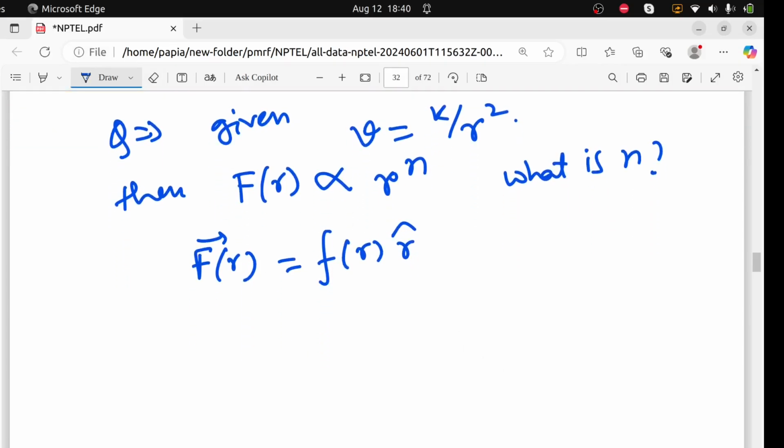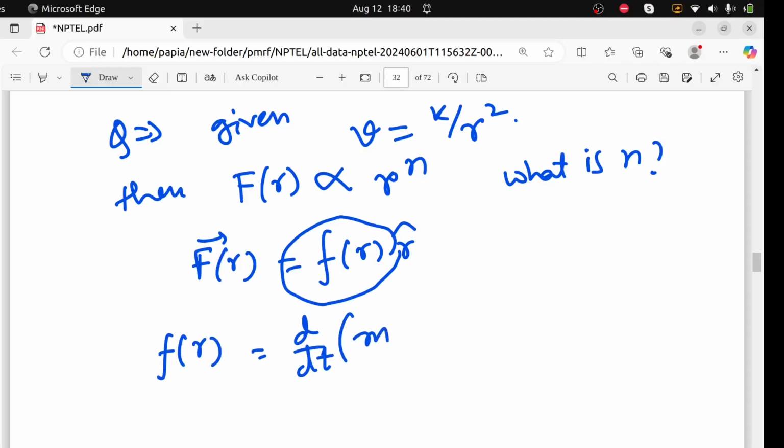We will just focus on the magnitude, not the direction, because they are asking how F(r) is varying with r. That's it. So for that, we know F(r) can be written as d/dt of mv, or m dv/dt.